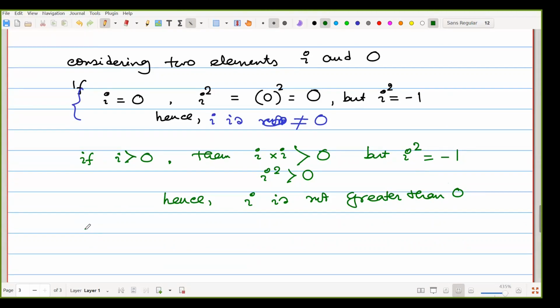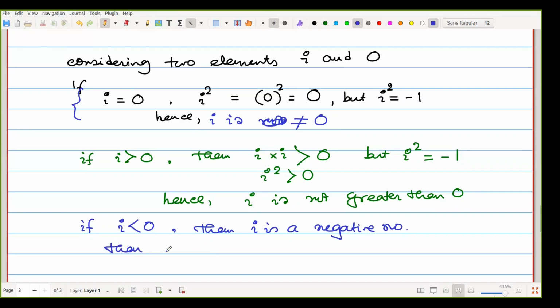Final one, suppose i is less than 0, okay, then we have i as a negative number.